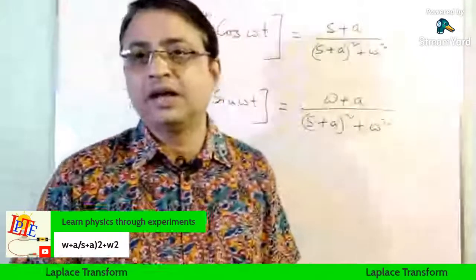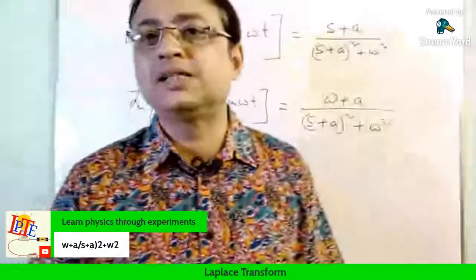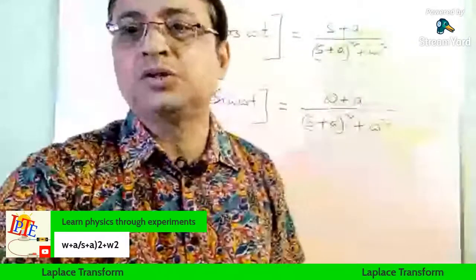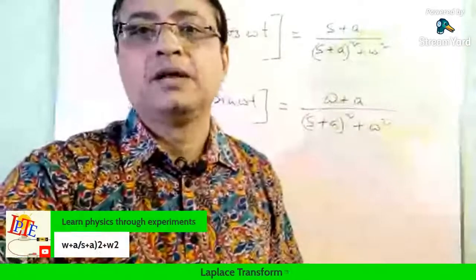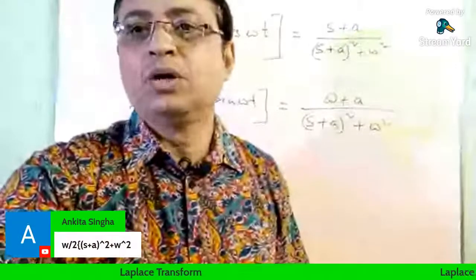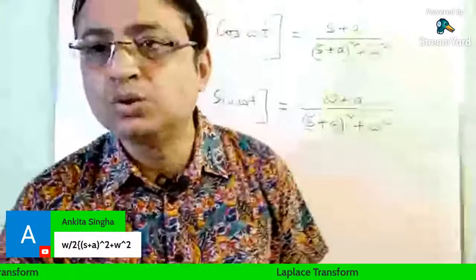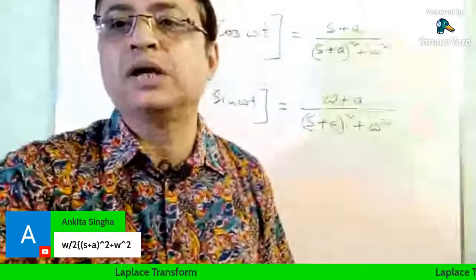He is giving omega plus a divided by s plus a whole square plus omega square. Shikha Chaudhary says same, sir. Ankita gives me the result as omega by 2, then s plus a whole square plus omega square.